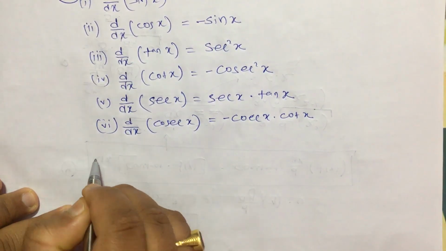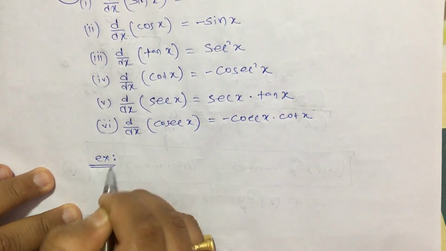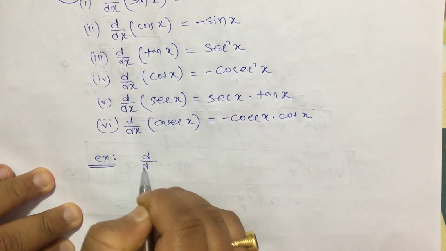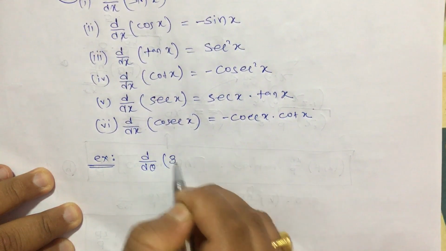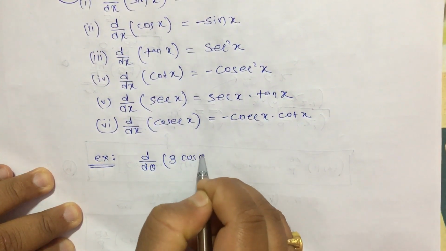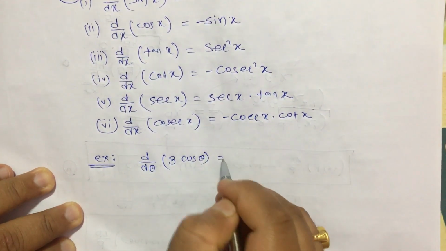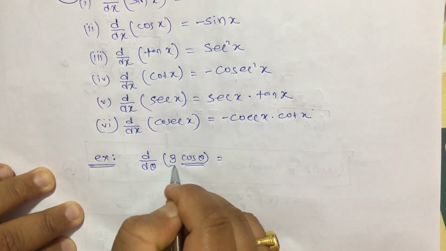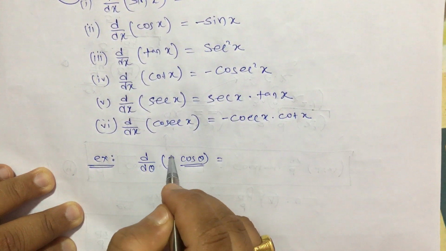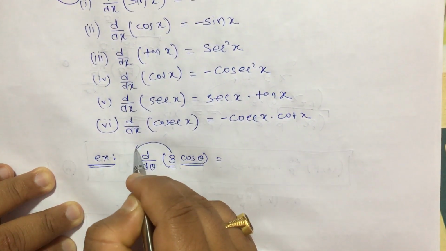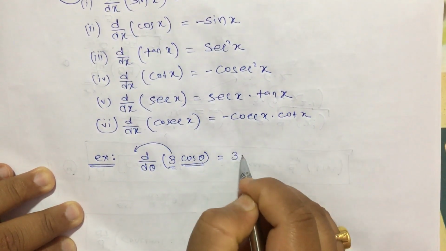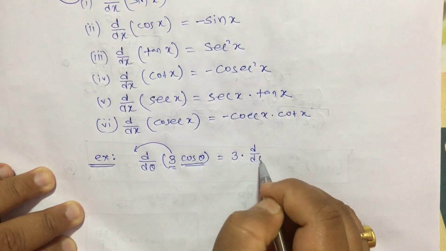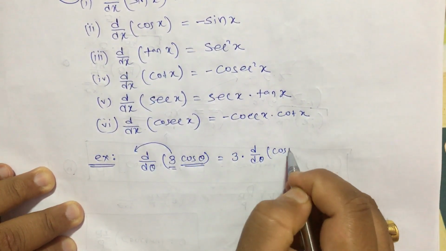The first example: let it be given d by d theta of 3 cos theta. You can see that cos theta is a function of theta, but 3 is a constant. So, as we know from the previous formulas, we can take 3 out. It can be written as 3 into d by d theta of cos theta.